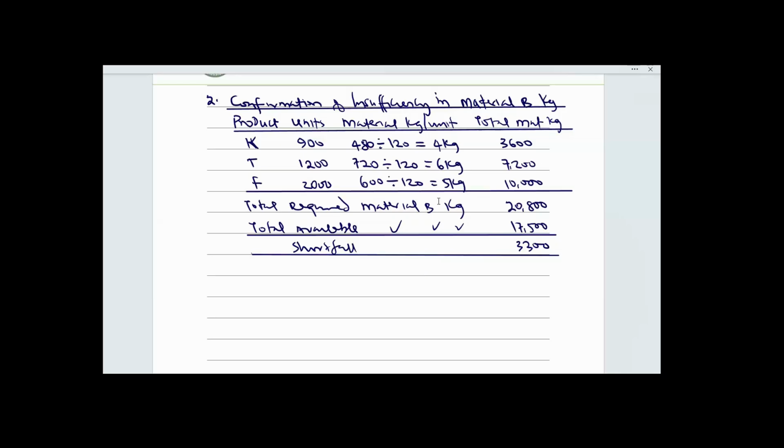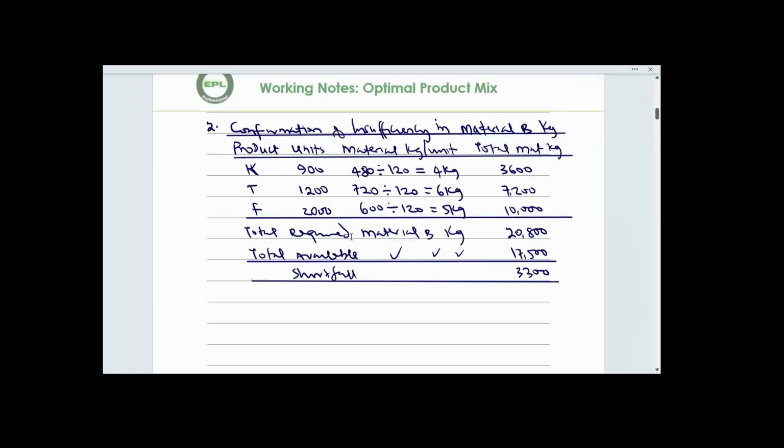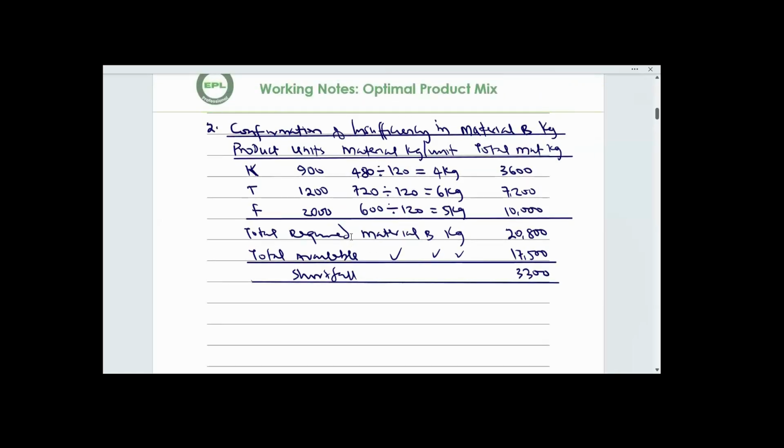Okay. So that's that. Now we have confirmed that truly material B kilogram of 17,500 is not sufficient for Kikelomo to take advantage of market condition, that is, to maximize contribution towards profit.